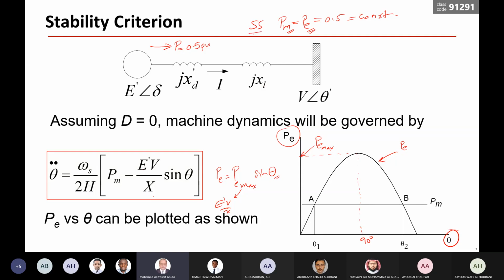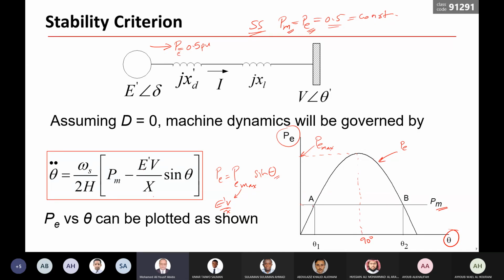So at steady state, P mechanical equals P electrical. If this is the P electrical at steady state, in this case P mechanical equals 0.5 and will be kept constant. So to identify the operating point over this sinusoidal waveform, you have to draw the mechanical power. This is the mechanical power and it will be constant over the angle here. So P mechanical equals 0.5 and constant.